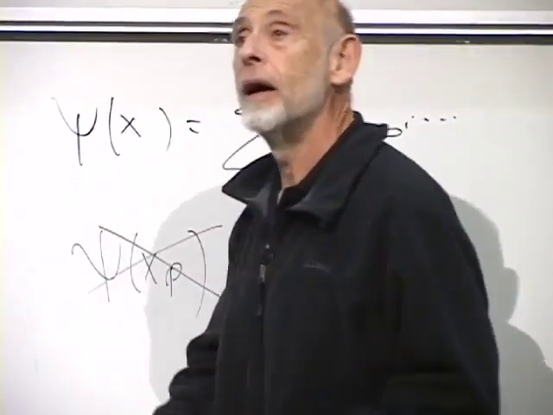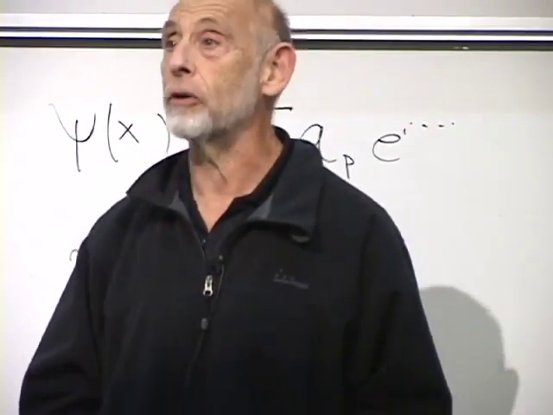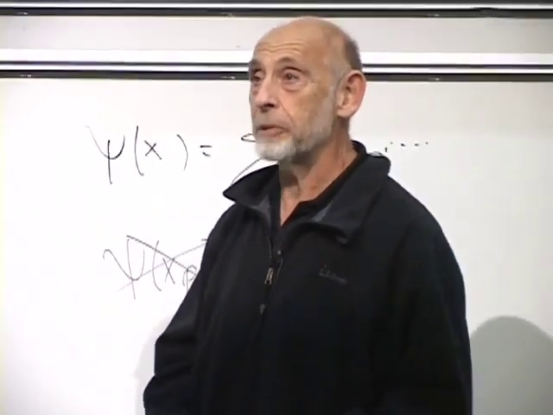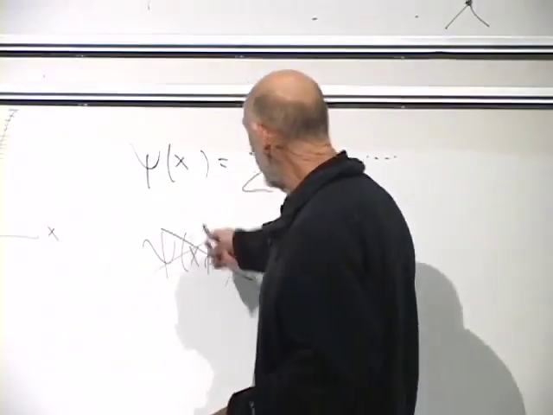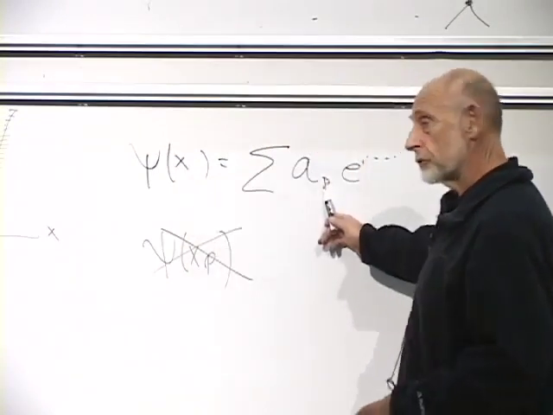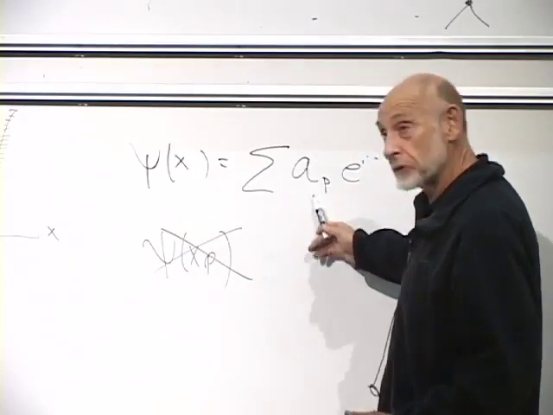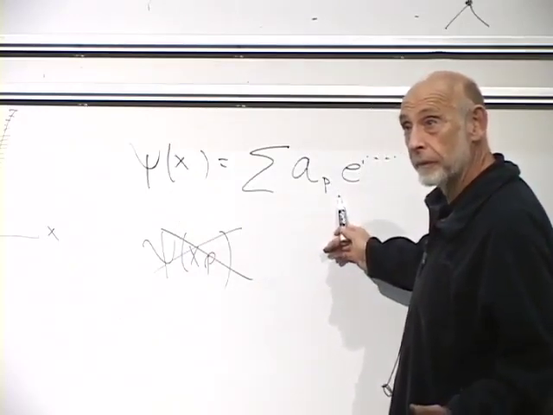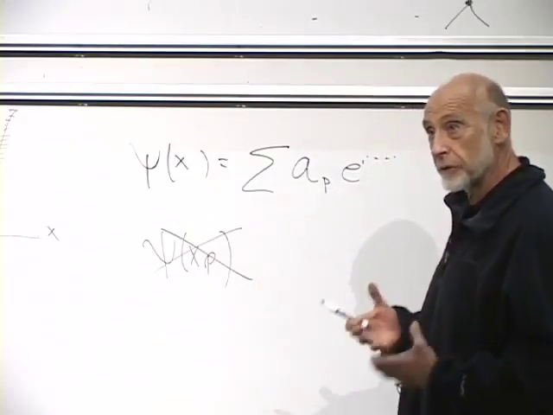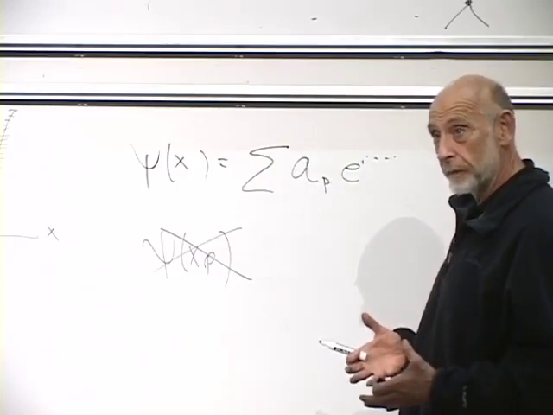We never have operators which create particles of momentum p at position x. Either they're functions of x or they're functions of p, and the relationship between the functions of x and the functions of p is simply Fourier transform. Fourier transform is the essence of the uncertainty principle.